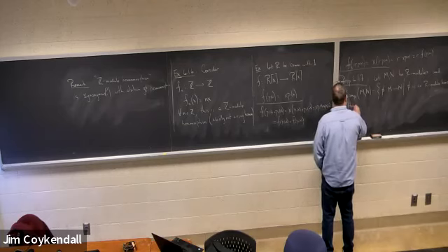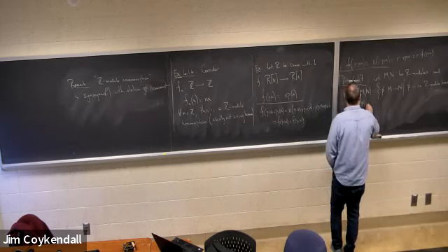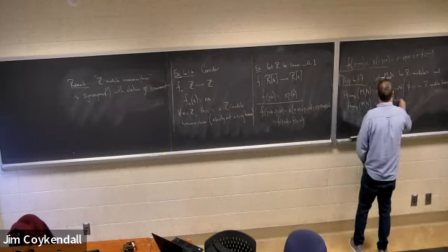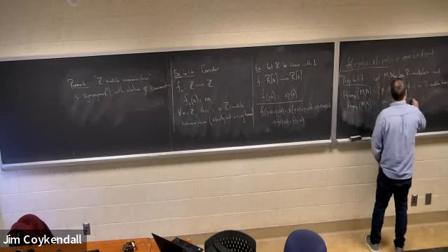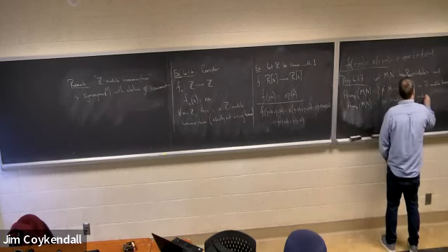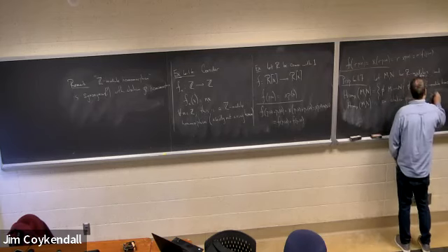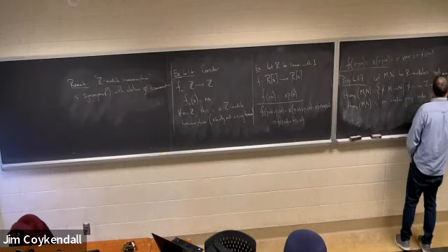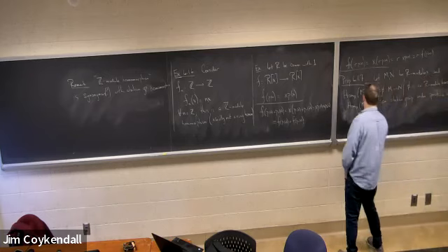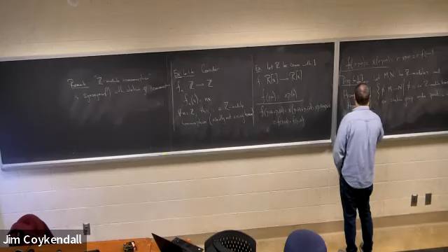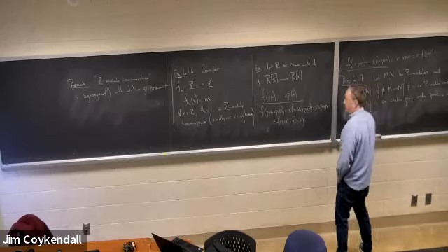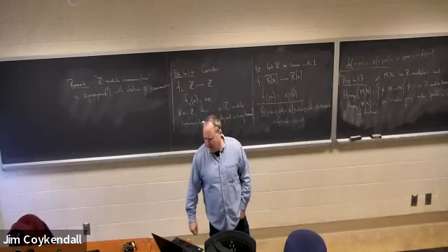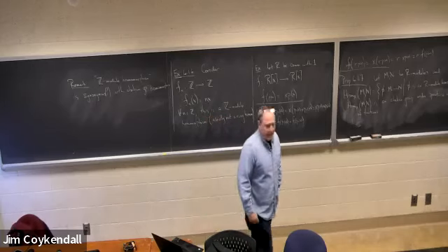Hom_R(M,N) is an abelian group under pointwise addition of functions. Additionally, if R is commutative, then it's an R module.